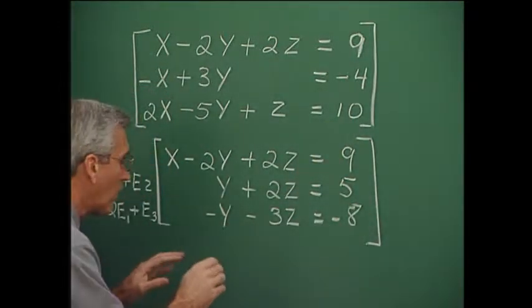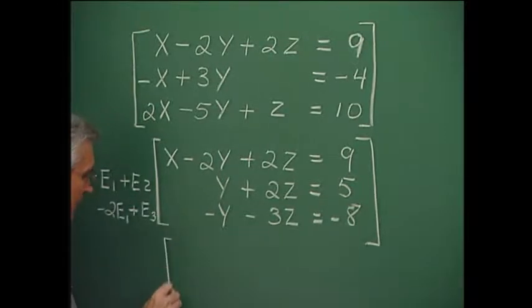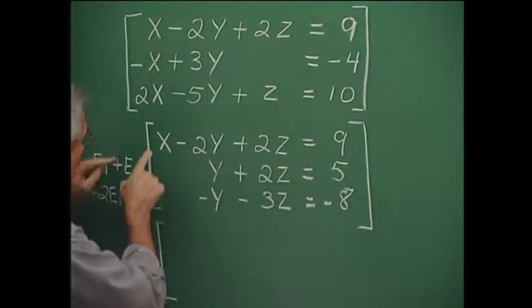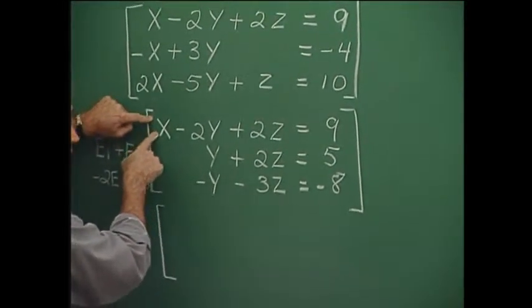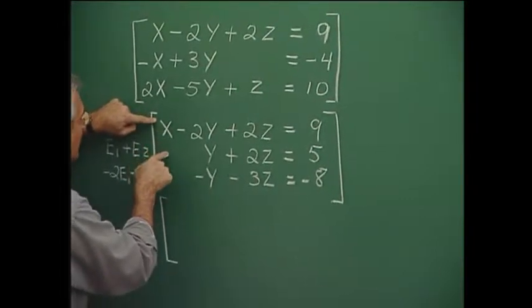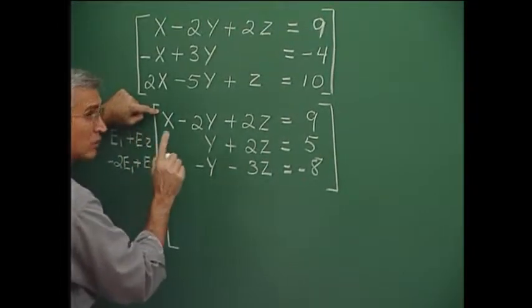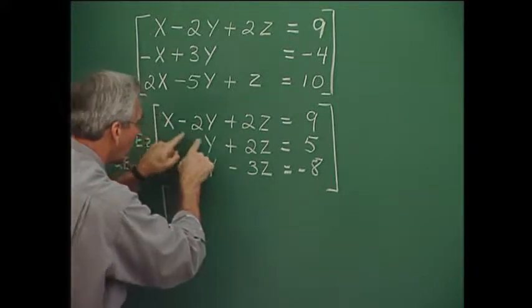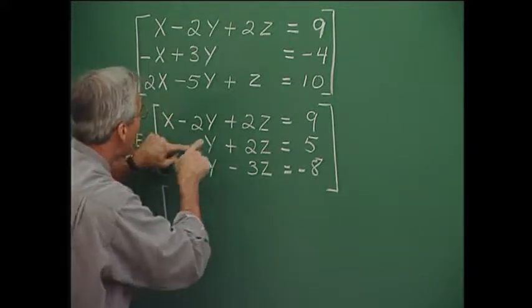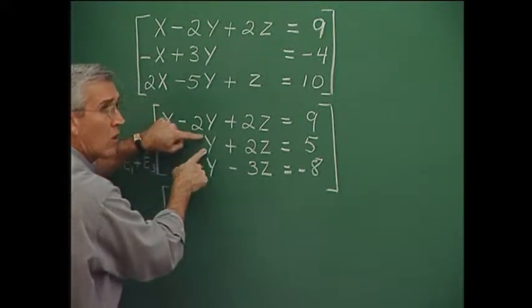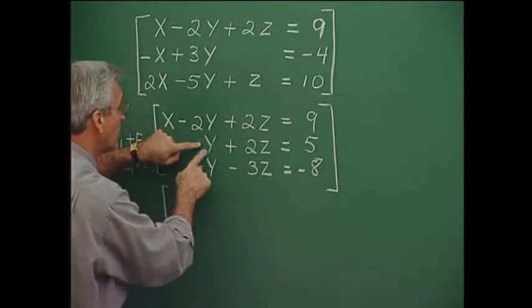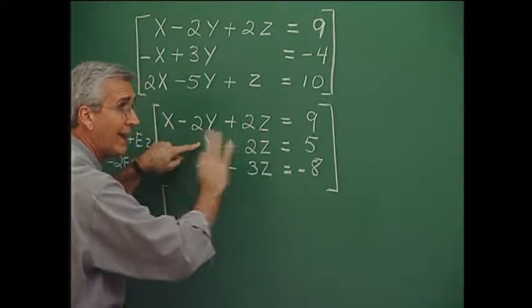Now I want to go another step. I've accomplished the 1 as the leading coefficient of the top equation, and I've accomplished vacancies below that. The next order of business is to come down on a diagonal pattern and accomplish a 1 as the leading coefficient for this second equation. Oh, it's already done. We don't have to do that.